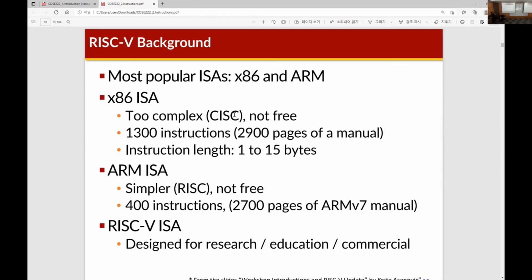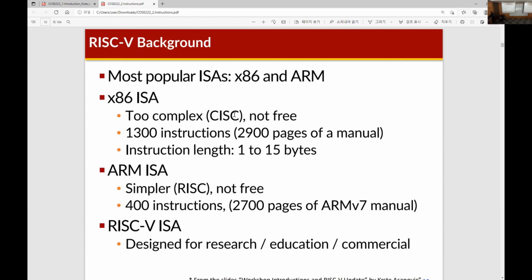So what is the instruction length? It means the size of a single instruction, which is represented using bits, the digital signal. You can find that the instruction length varies: the length is 1 to 15 bytes.